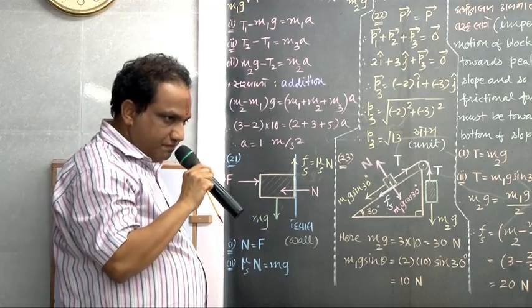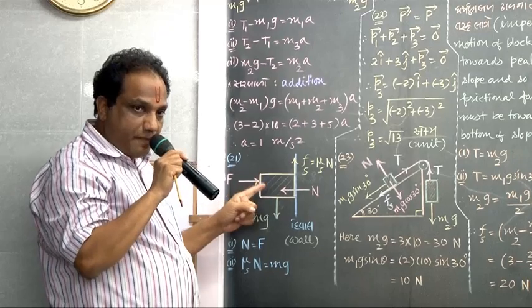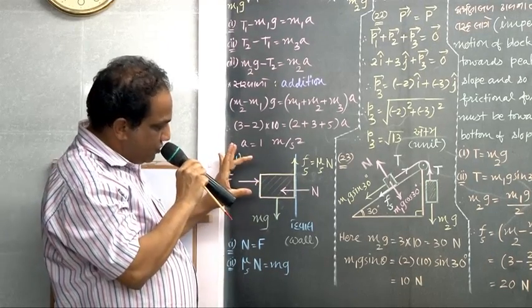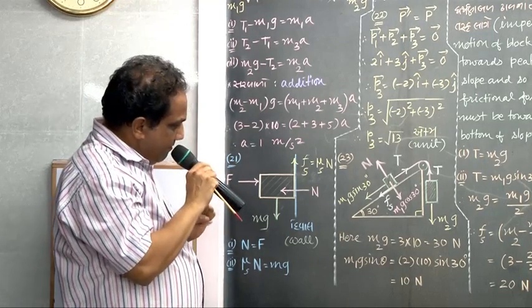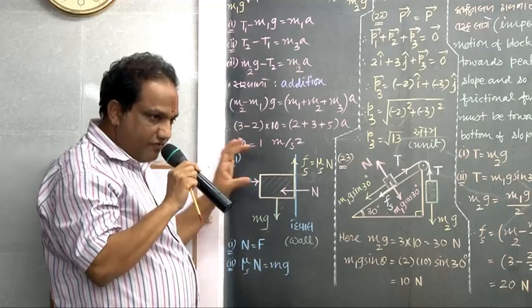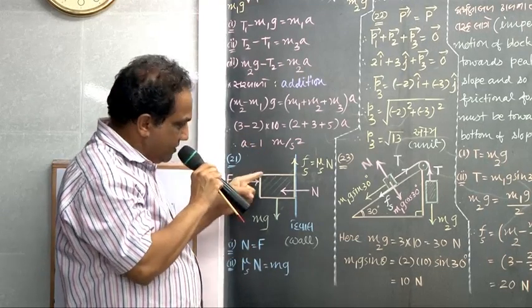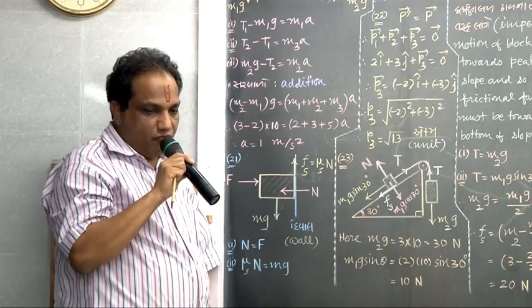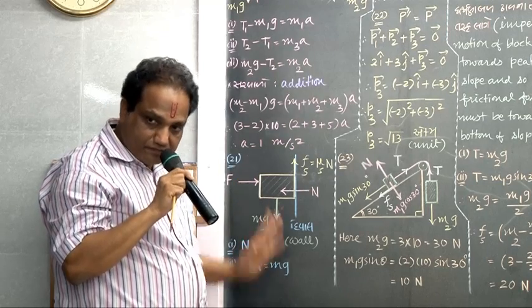What we want is that this block should remain suspended here only, means it should be under equilibrium. But if you leave it, then because of its own weight, this block will fall down. We don't want that. We want the block to remain here only.